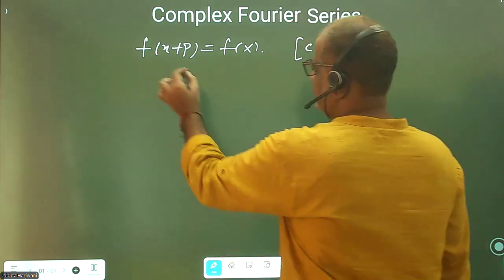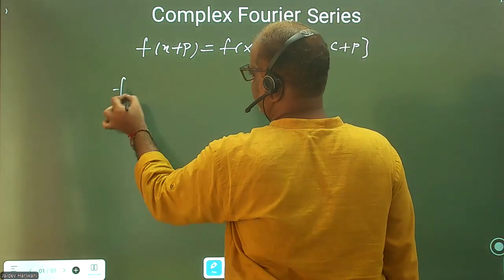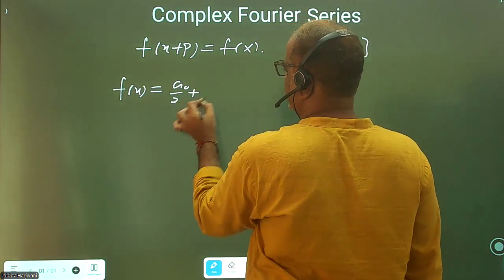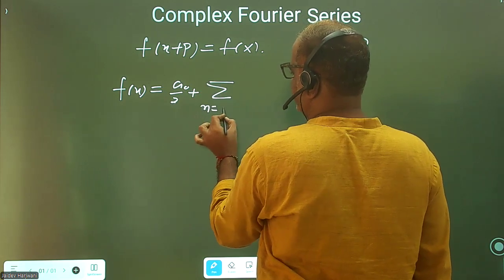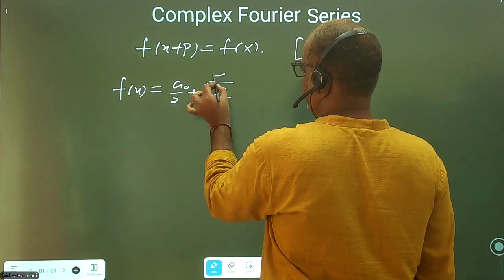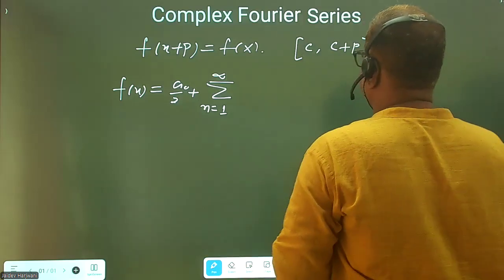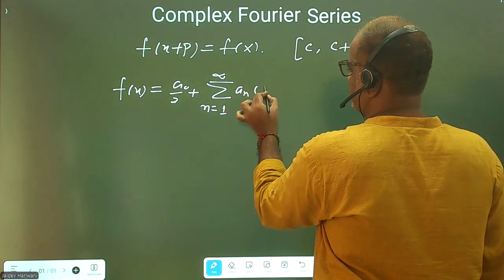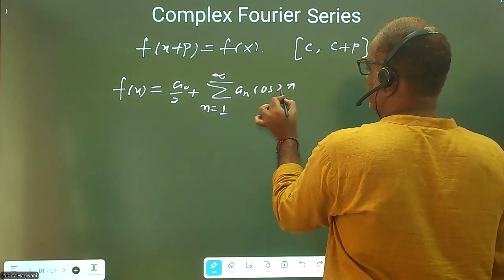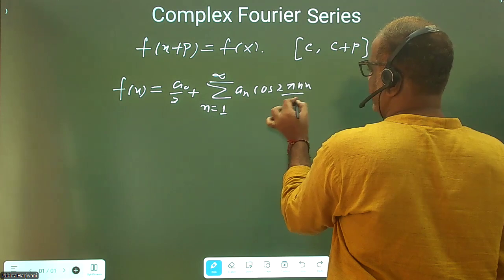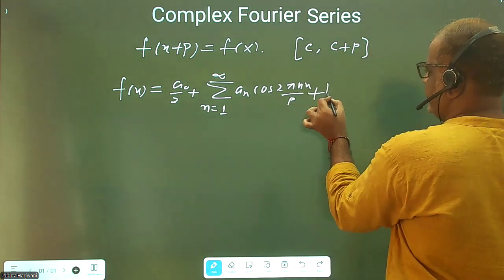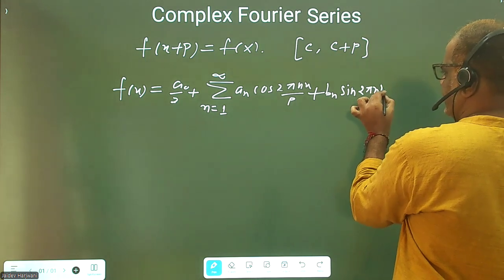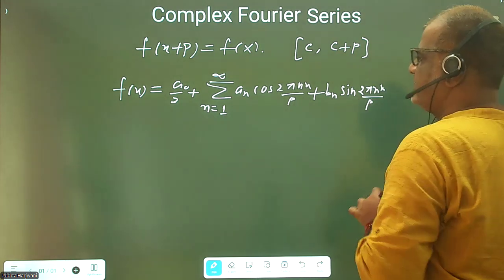I can write the Fourier series for this function f(x) equal to a0 upon 2 plus the sum from n equal to 1 to infinity of an cos of 2 pi nx upon p plus bn sine 2 pi nx upon p. This is my Fourier series.